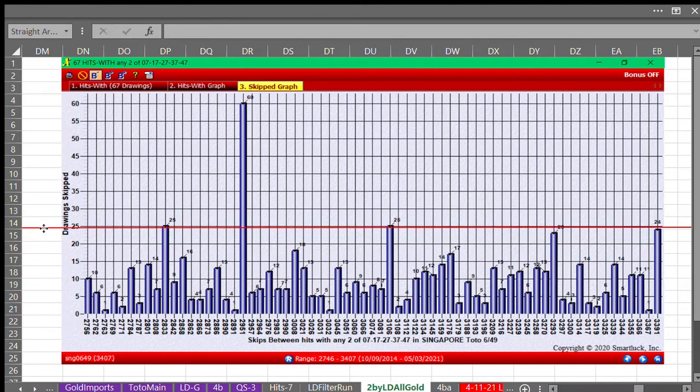So if it doesn't hit at 16, you know you're going to have 16, 17, 18, 19, 20, 21, 22, 23, 24. You could, or you should, I wouldn't even say should because you don't know what's going to happen, but you could get two last digit sevens. And this is also, remember, not considering the bonus because I don't have the bonus. Within 8 drawings, you could have two last digit sevens.